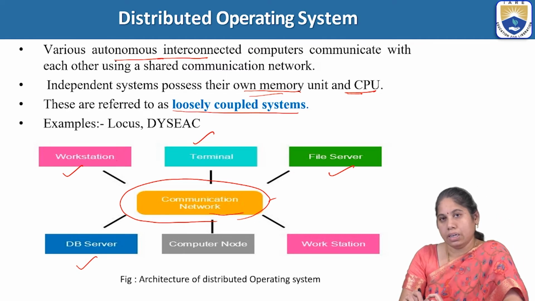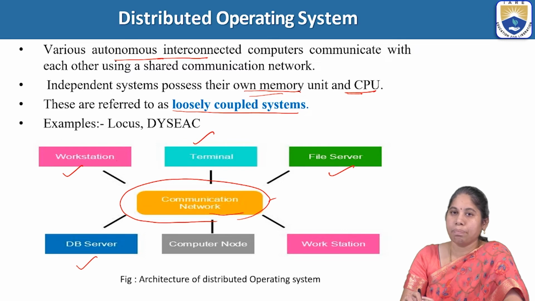From the GATE point of view and in competitive examinations, people will ask whether multiprocessor systems are tightly coupled or loosely coupled systems. You have to choose the correct option: tightly coupled operating system.